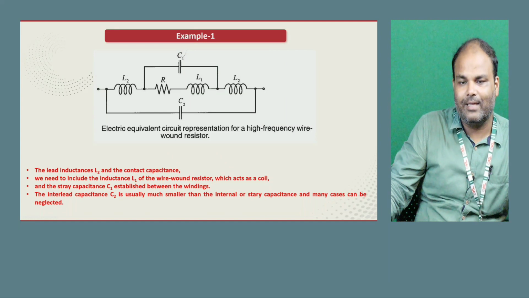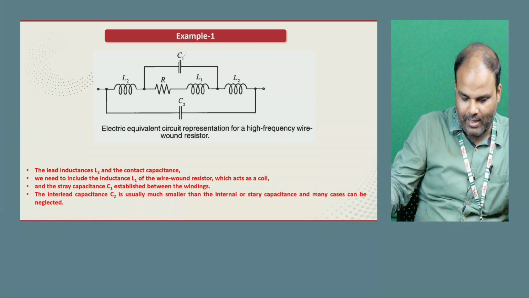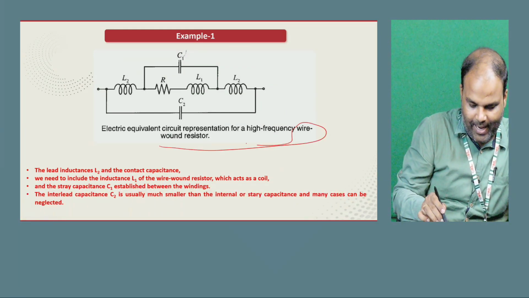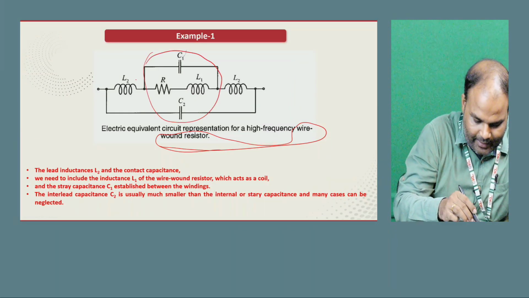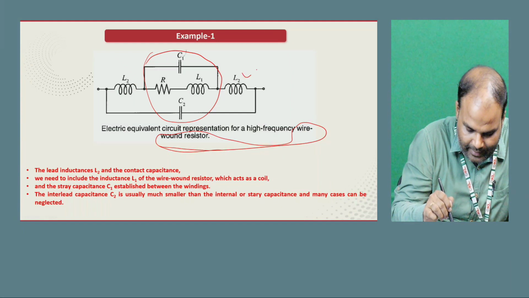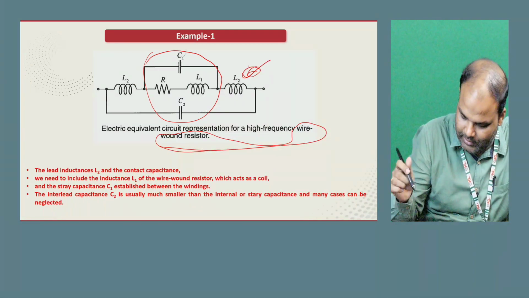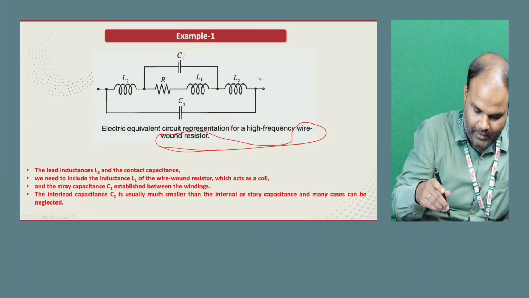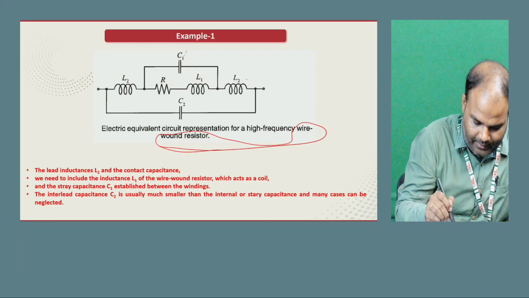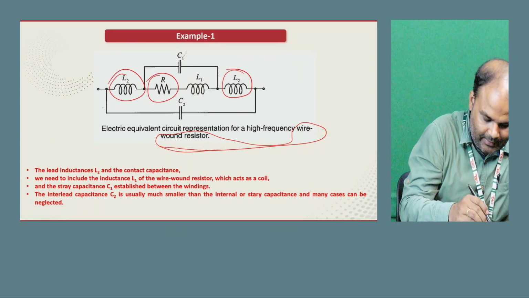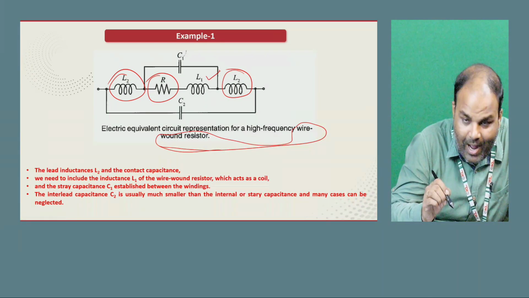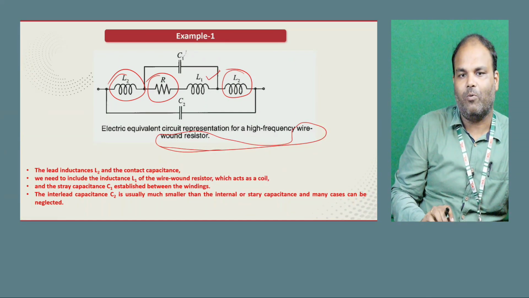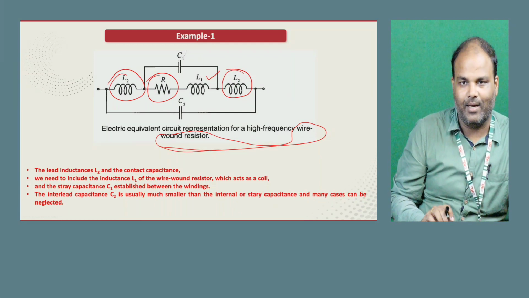Now I have given one example for a wire wound resistor. Here you can see this resistor, which we got from the previous one, but now we are adding more inductance, L1 and L2.